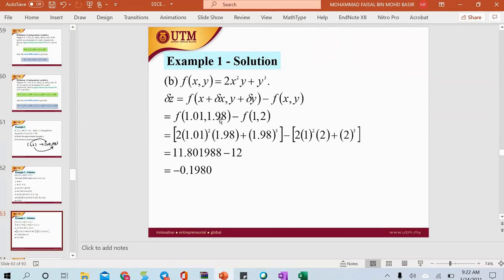Just substitute directly into this equation: 2 times 1.01 squared times 1.98 plus 1.98 cubed, minus f(x, y) at 1, 2.